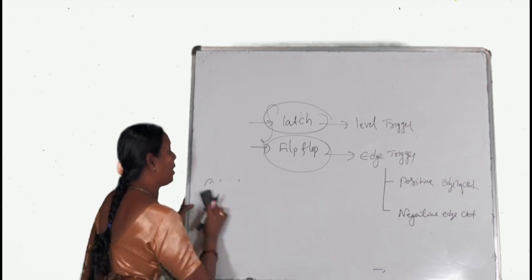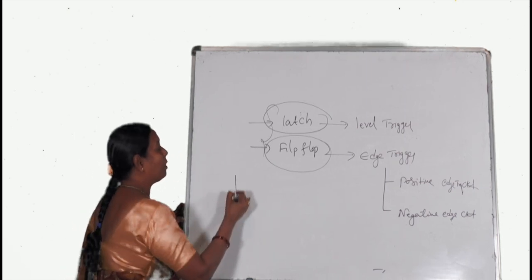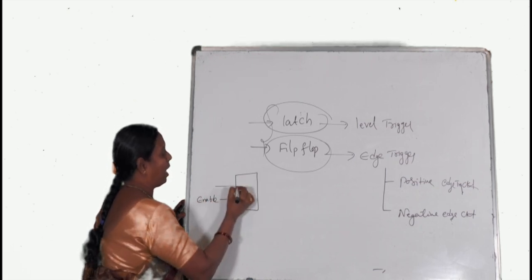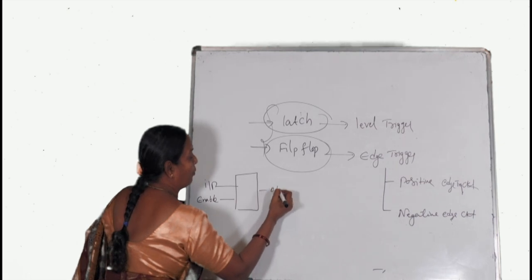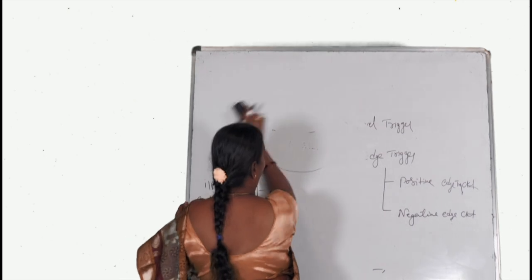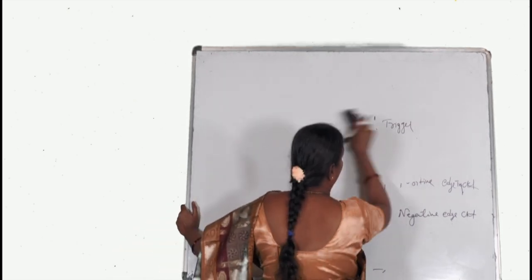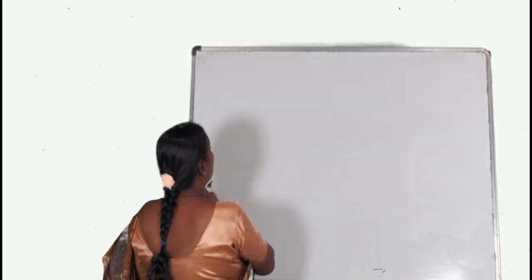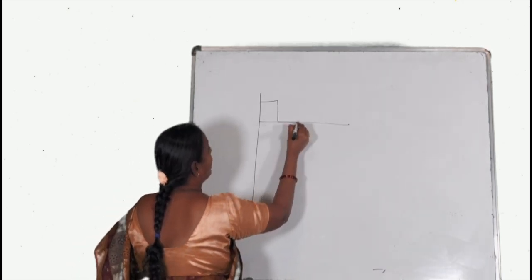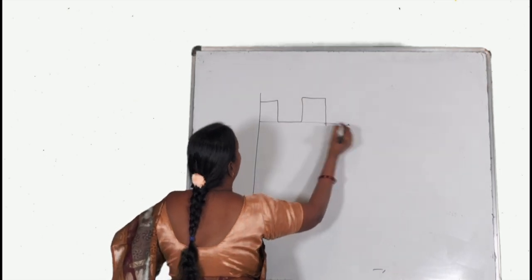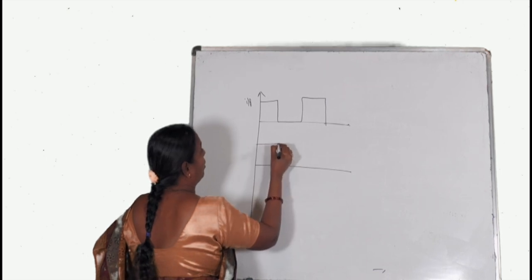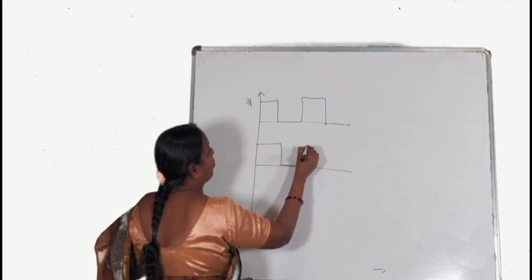In a gated latch there is an enable controlling signal, called the enable pin, along with the input and output. So what is meant by enable and how does it vary? Let us consider an input signal like this, and take another signal as enable.